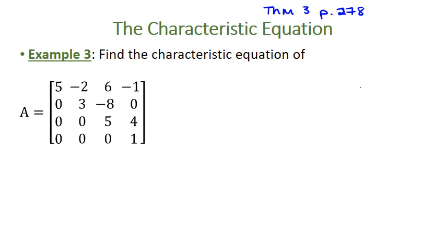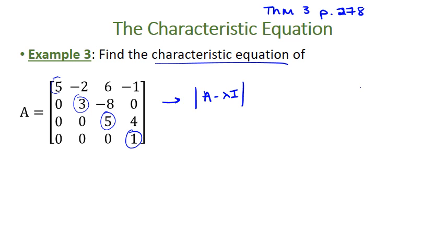But remember, when we are doing this, if we want to find the characteristic equation, we want to find the determinant of A minus lambda I. Okay, now in our case, remember that you're going to take these diagonals and multiply those.